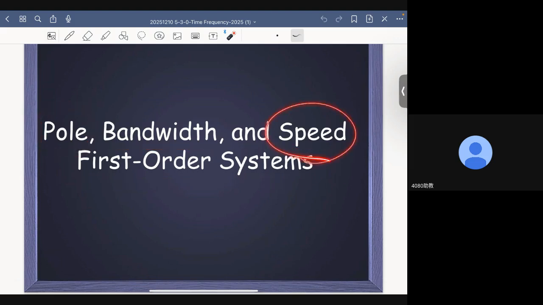Apparently, speed of response is a time domain characteristic, a time domain property. Bandwidth, however, is a frequency domain measure, okay? If you want to know what the bandwidth is for a first order system, we have to go to the frequency domain.